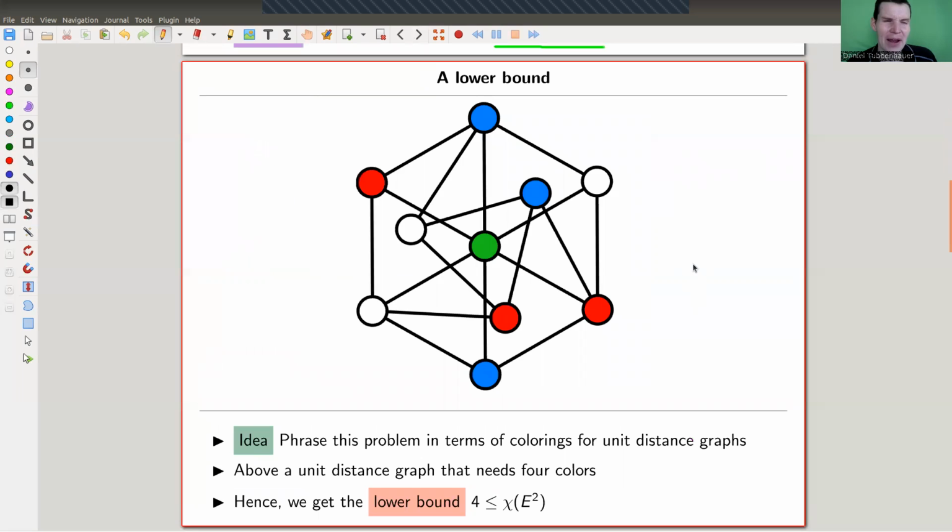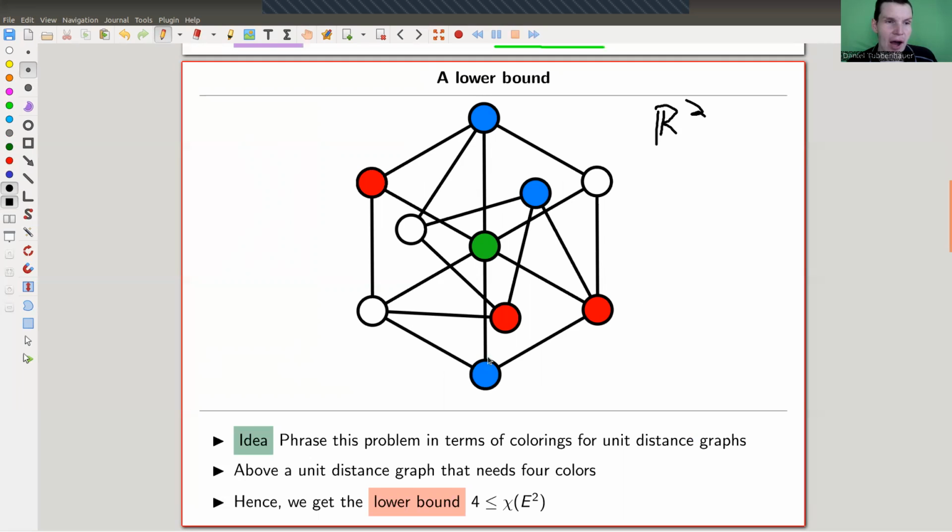Okay, so finding a lower bound is kind of fun. It's actually a finite problem in some sense, because the only thing you need to find is a finite graph, which is a unit distance graph. So it's only a very tiny part of your plane, but all the vertices, if you embed the graph into R squared, so this secretly sits in R squared, are still unit distance apart. So here's an example of such a graph. All edges in this picture are supposed to be unit distance.